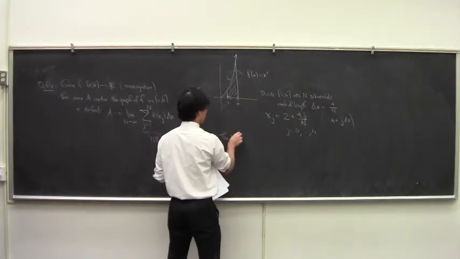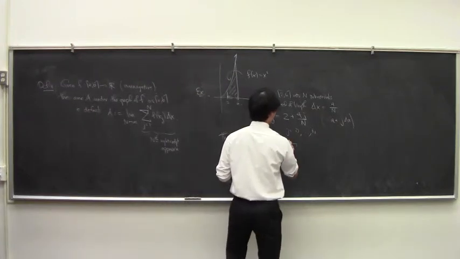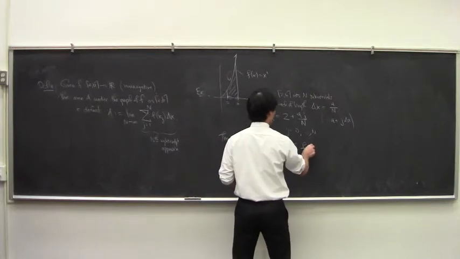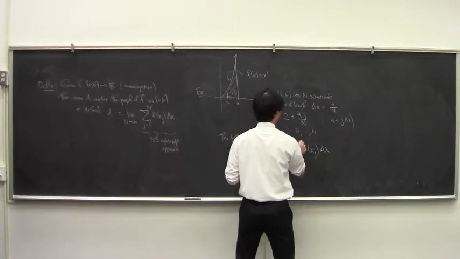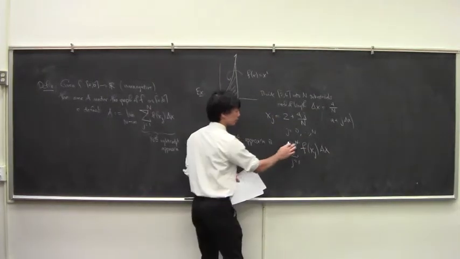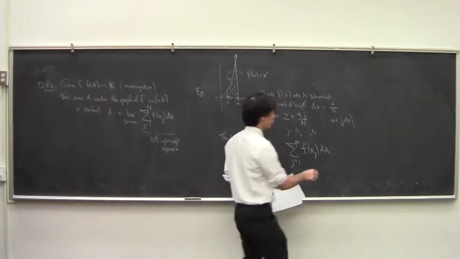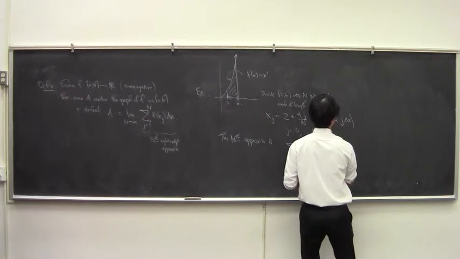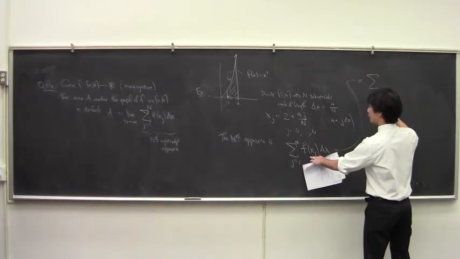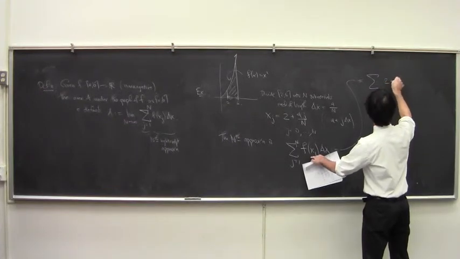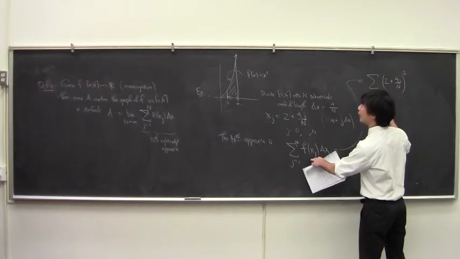The nth approximation is the summation of f at x of j times delta x, as j ranges from 1 to n, which is x of j squared.